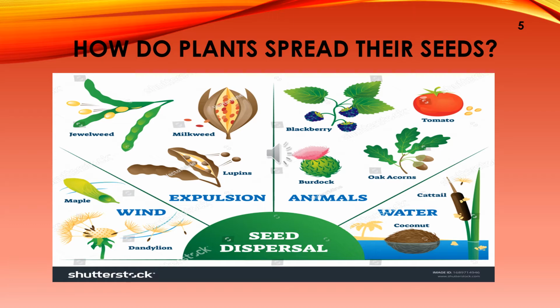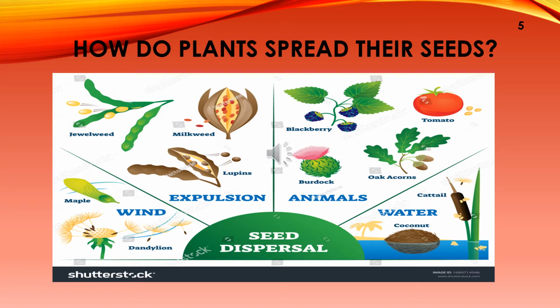Now, before you answer the homework, let me explain something about how plants spread their seed. Plants have evolved many forms of seed dispersal. Look at what you have in your video.